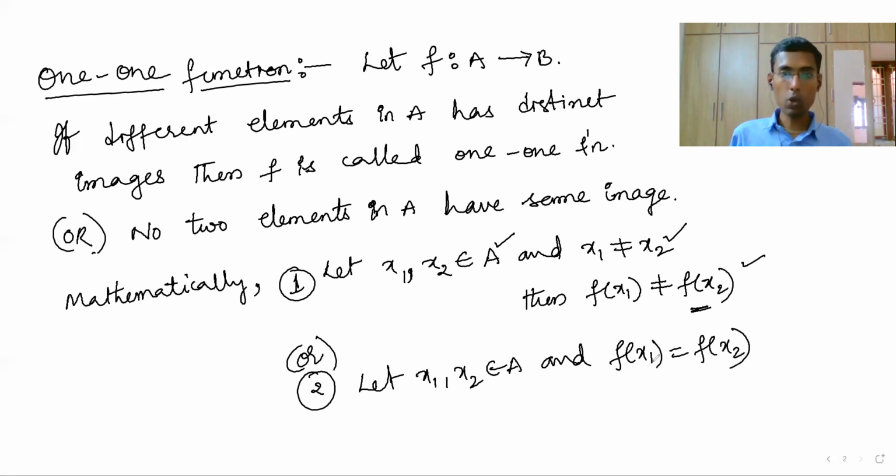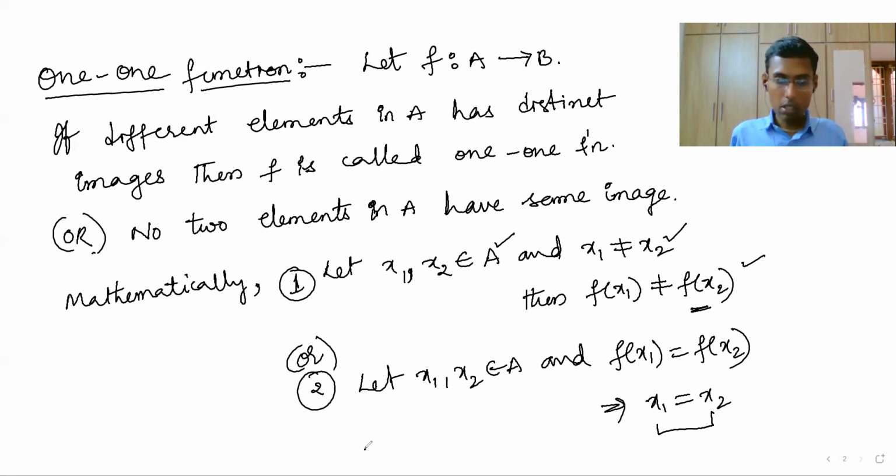That means no two elements should have the same image. Images same means x1 must be equal to x2. No two elements in A have the same image. So f of x1 equal to f of x2 means images are the same, so the elements must be the same.